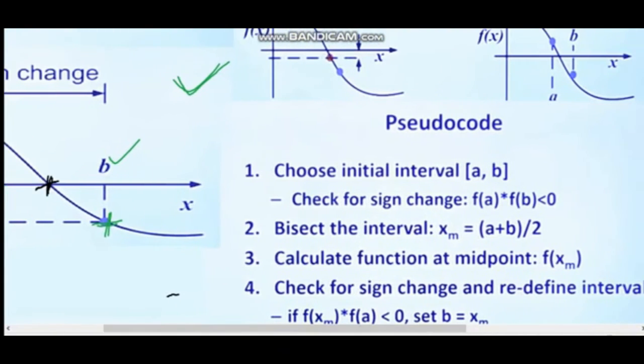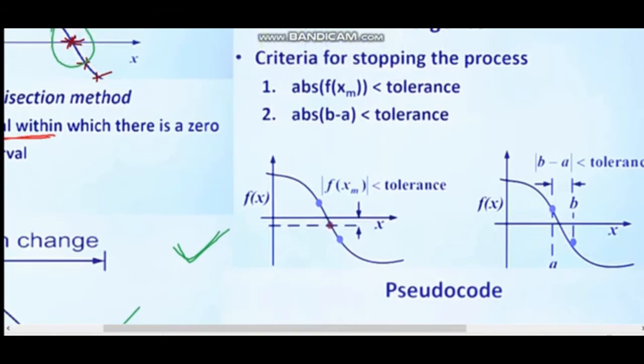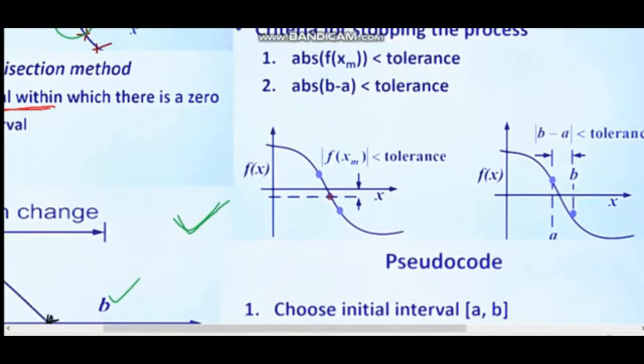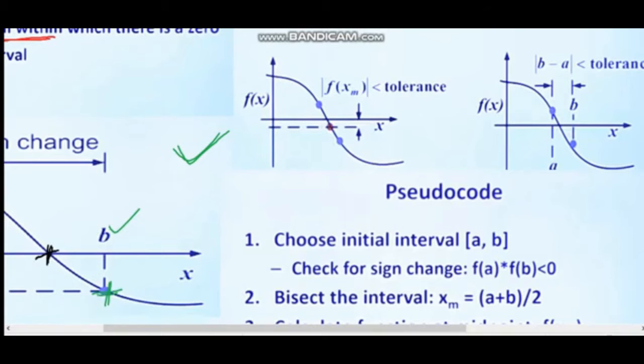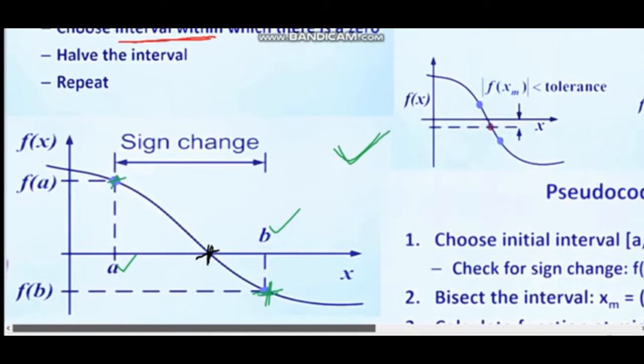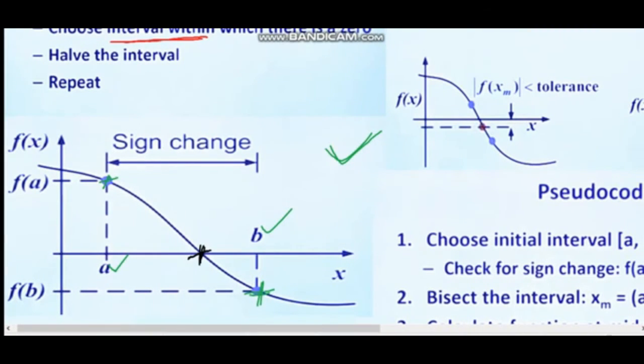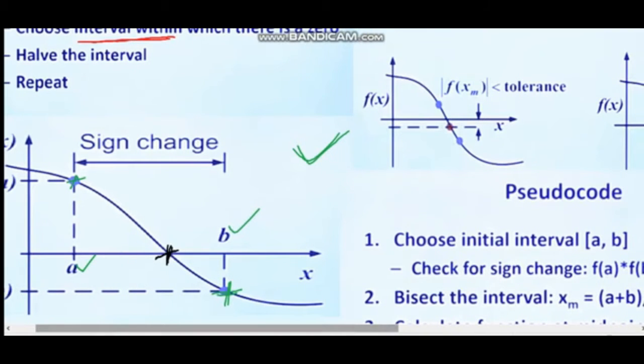And then we have to reduce that interval. So for that we have to find out the average of these 2 points. In this case we have represented them by a and b, so we have to take a plus b by 2.